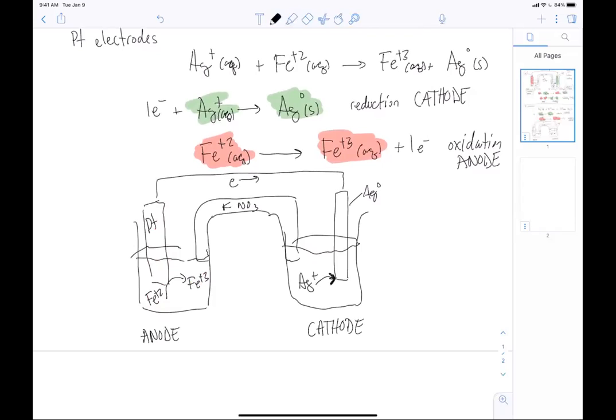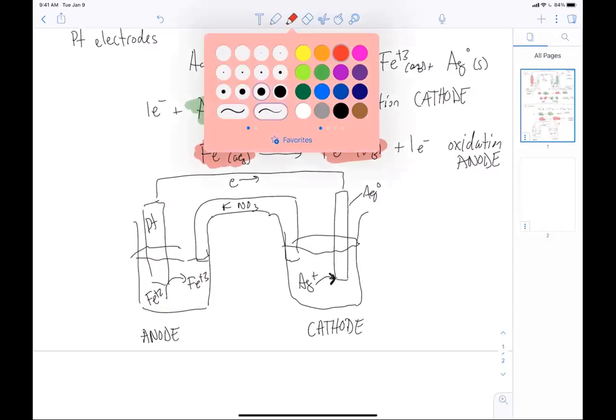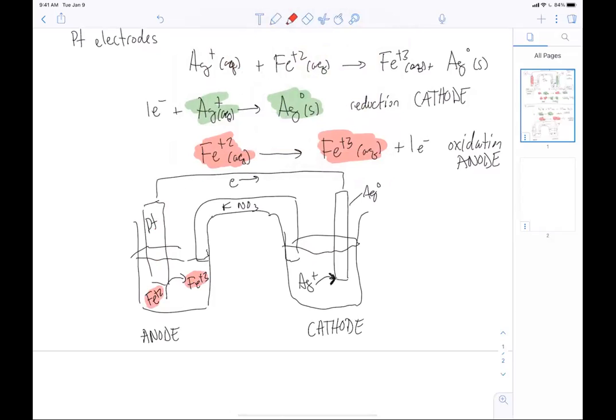The whole reaction at the anode is happening in solution. So iron 2 is just getting oxidized to iron 3. And then the platinum electrode is just this inert thing that serves to pick up that electron and transfer it over to the cathode. That's all it does. So if the question is when do we use a platinum electrode, cathode or anode, it doesn't matter.